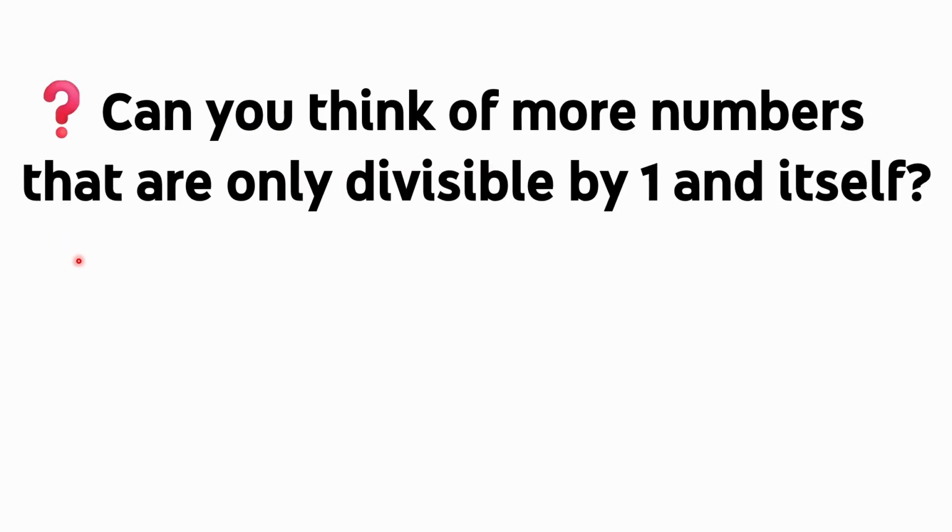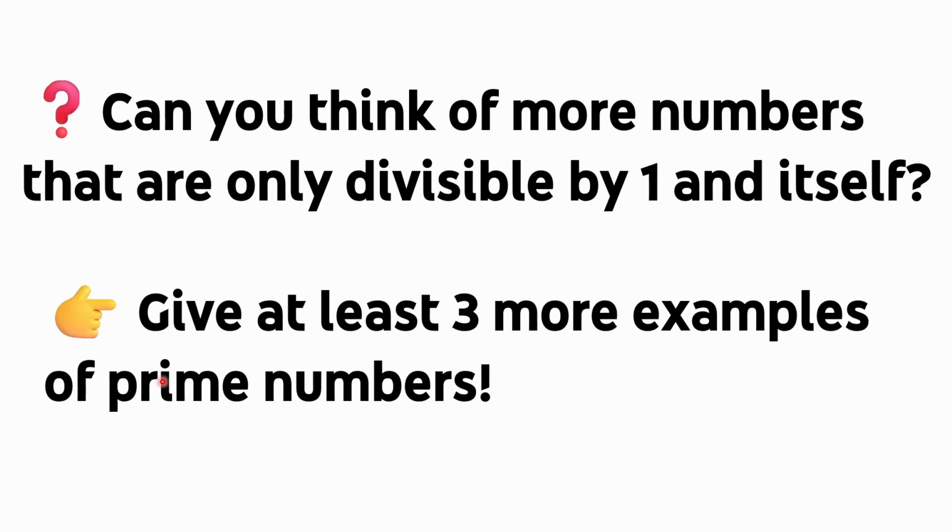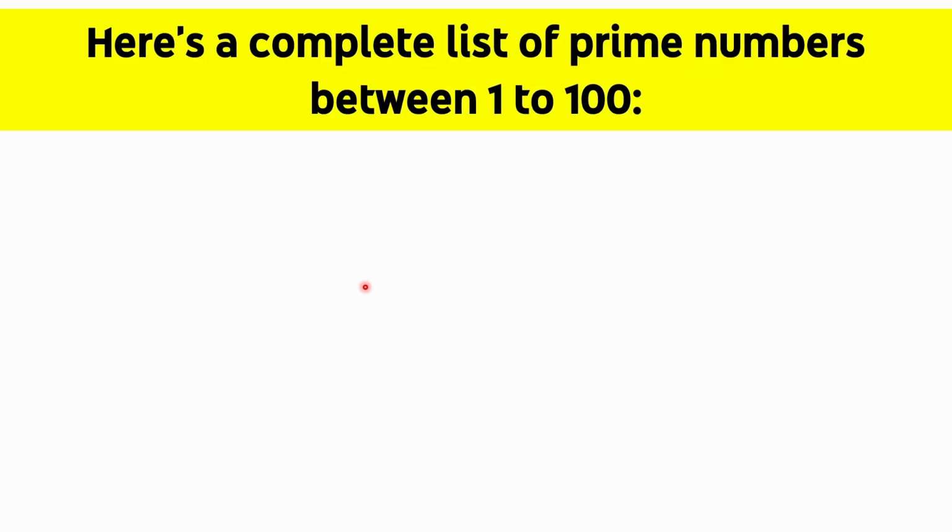Now, can you think of more numbers that are only divisible by 1 and itself? Give at least 3 more examples of prime numbers. Let's check your answer. Here's a complete list of prime numbers between 1 and 100.